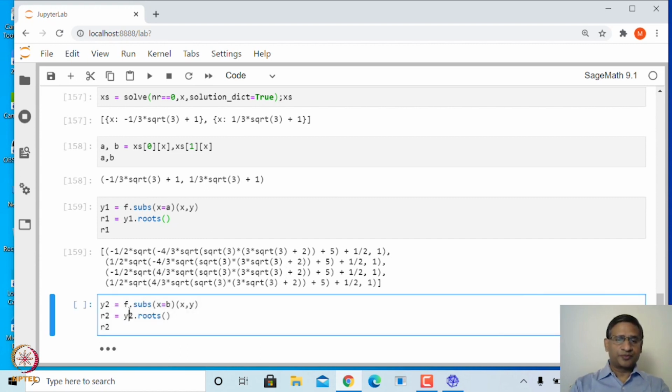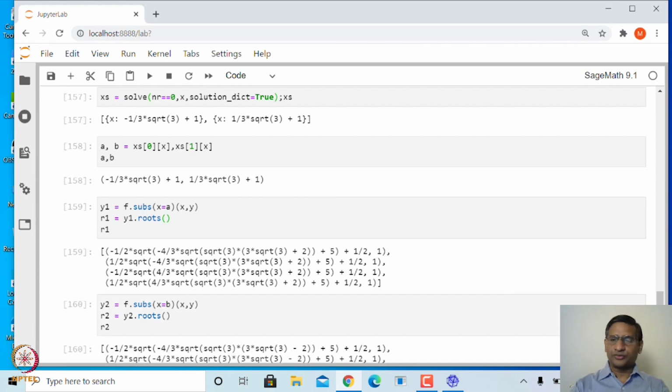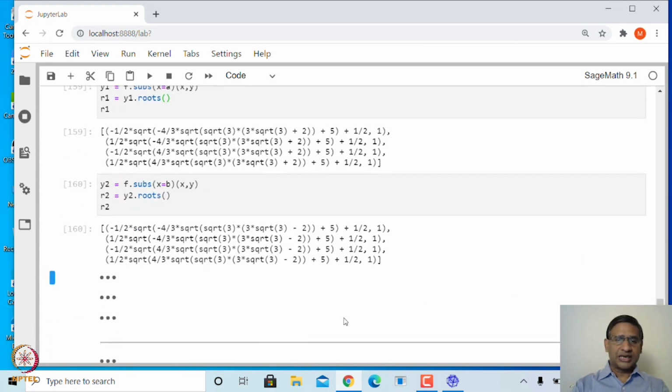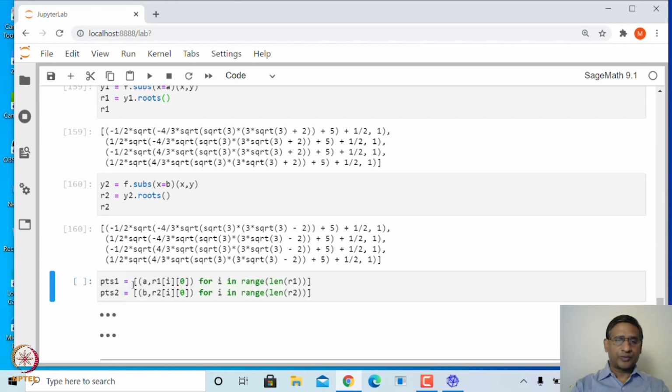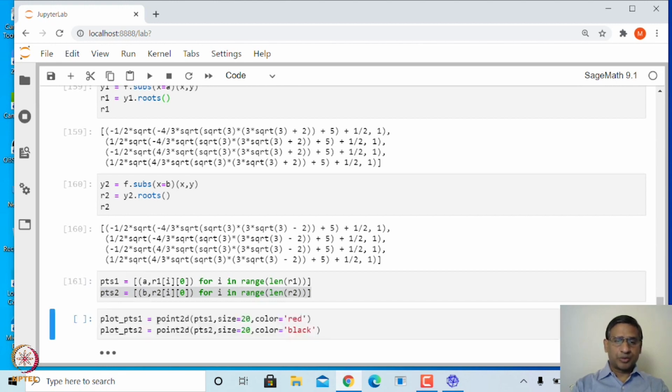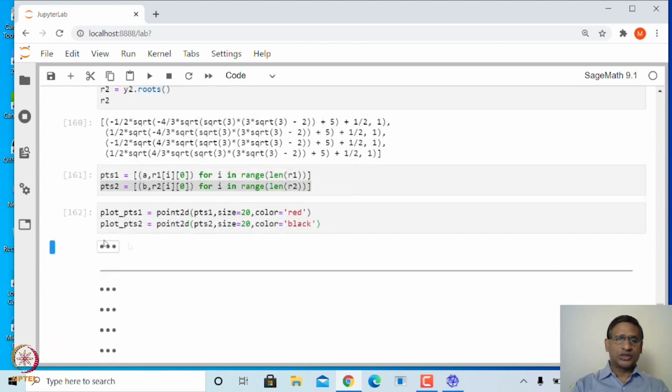Similarly, you can do this by substituting x equal to b. There you get another 4 points. Now, all these 8 points. First, let us make a list of the first 4 points for x equal to a, and the second list as points2 for x equal to b, and then let us plot the first 4 points in red color and the second points using point3D in black color, and then let us add these 2 sets of points to the curve.